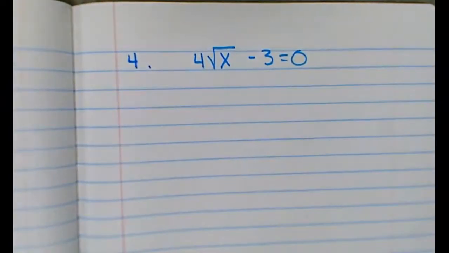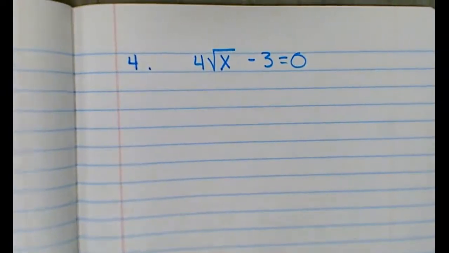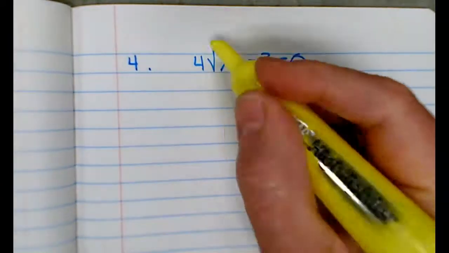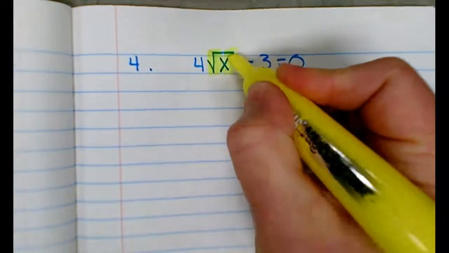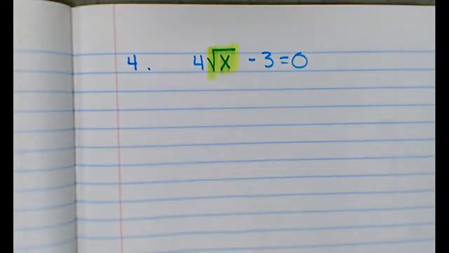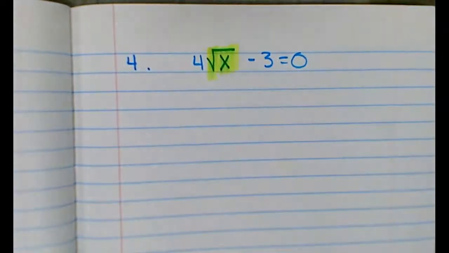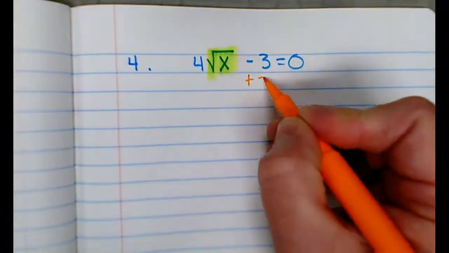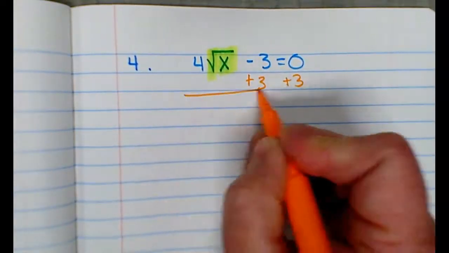Okay, if I have one radical sign, I need to isolate this radical sign. If I have two radical signs, I need to get them on opposite sides of the equal sign like I had in my previous problem. So I'm going to add 3 to both sides.